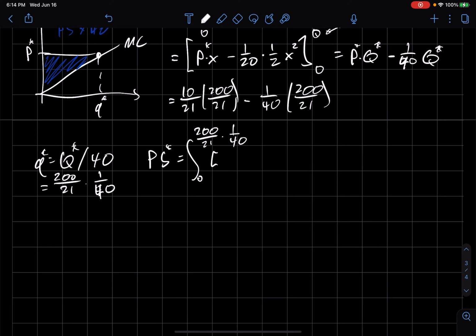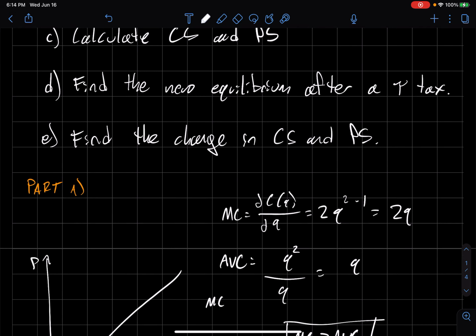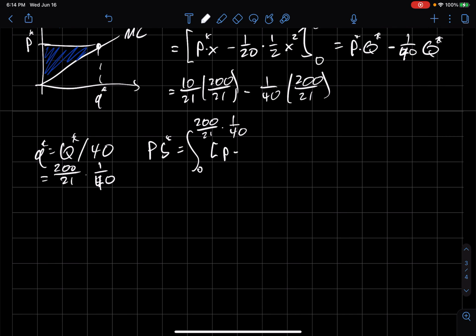And we integrate from P to our marginal cost, which we have defined up above as 2Q. So P, MC is equal to 2Q. So this is 2x. We're using x as the free variable, dx.